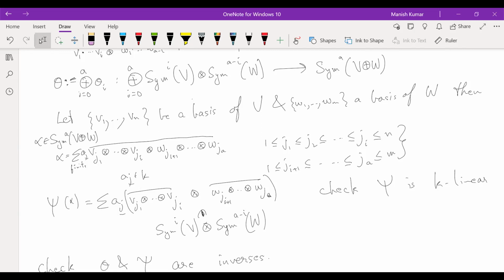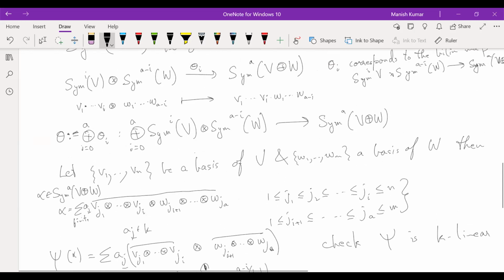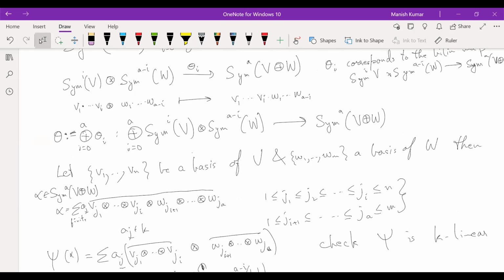The point is, this is a quotient of the tensor algebra, so you look at T^A(V plus W), and there the same property holds. You can do the universal property, but I think it will be simpler to do it using a basis, since you haven't seen tensor products that much.